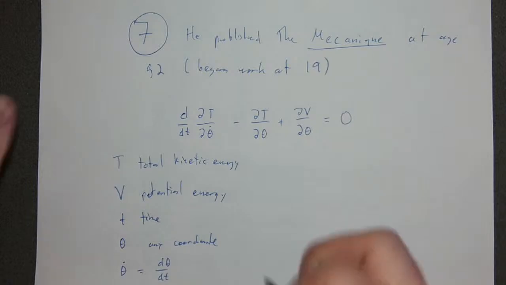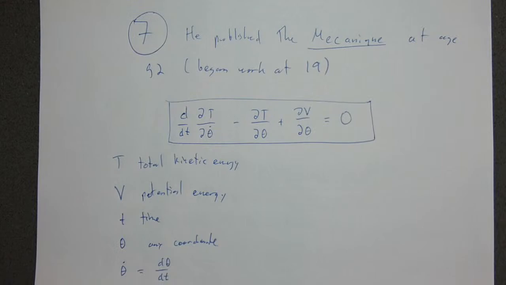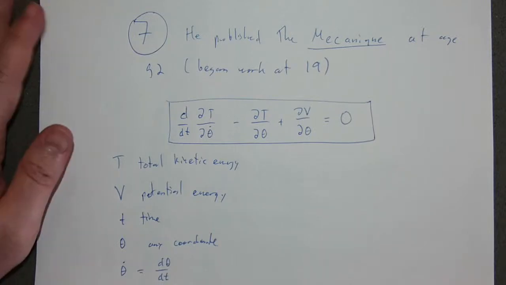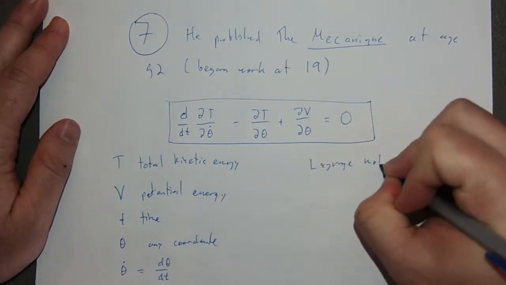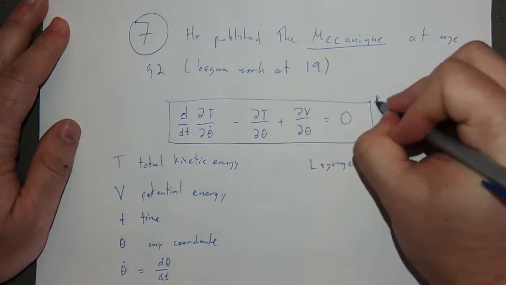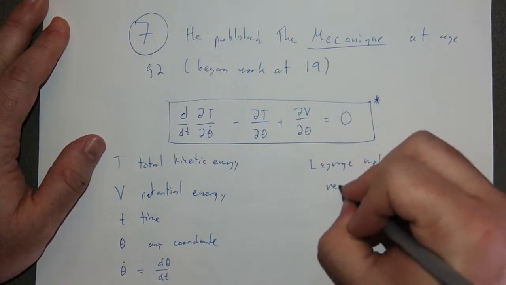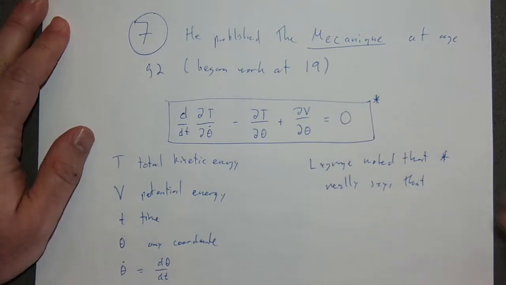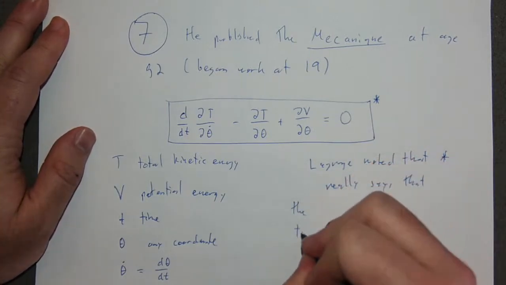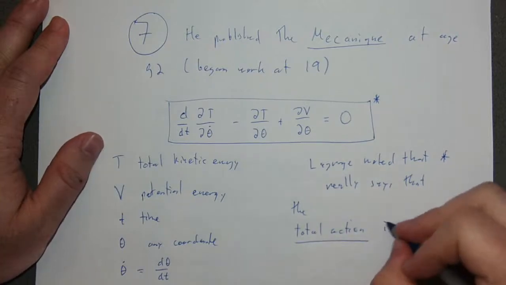Okay, so this is the Lagrange condition. Lagrange noted that this boxed expression, that star, really says the following: the total action is minimal.